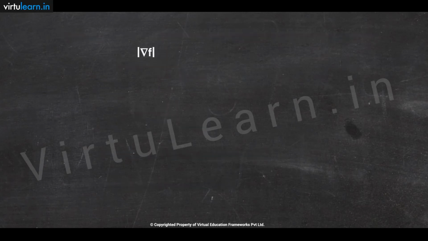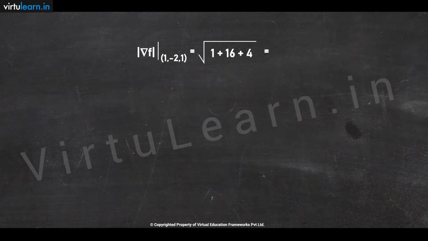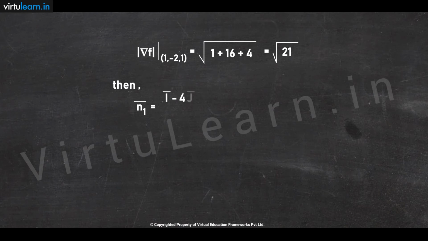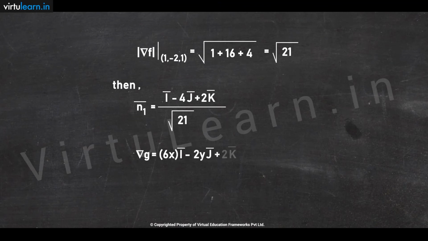Magnitude of gradient of F at 1, minus 2, 1 becomes square root of 1 plus 16 plus 4, which is equal to root 21. Then n1 bar will be i bar minus 4j bar plus 2k bar divided by square root of 21. Now let us consider gradient of G. Gradient of G is 6x into i bar minus 2y into j bar plus 2k bar.